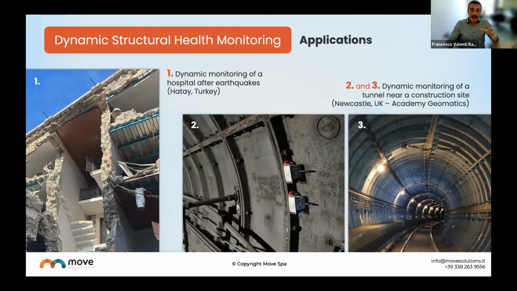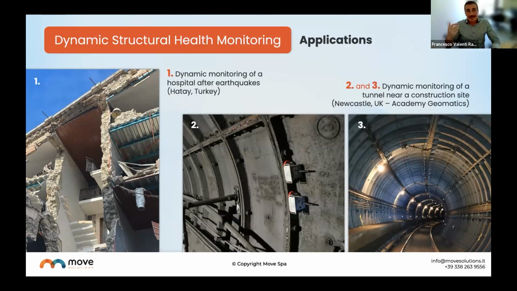Then accelerometer sensors were installed at both ends of the ventilation tunnel to perform the modal analysis of the structure. Two accelerometers and a vibrometer were installed in the running tunnel and the ventilation tunnel to enable all the parts of dynamic monitoring.